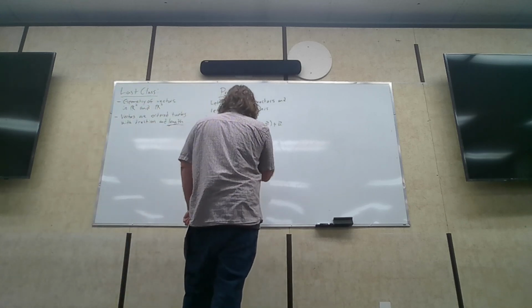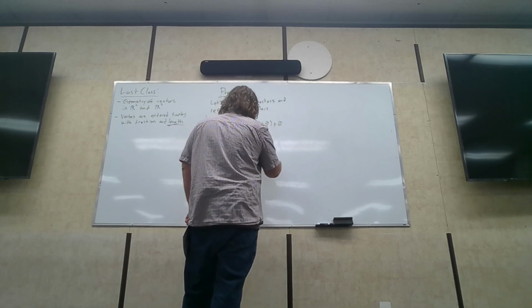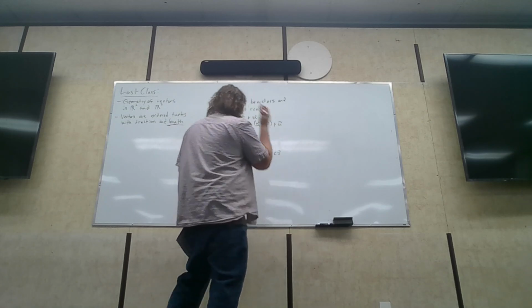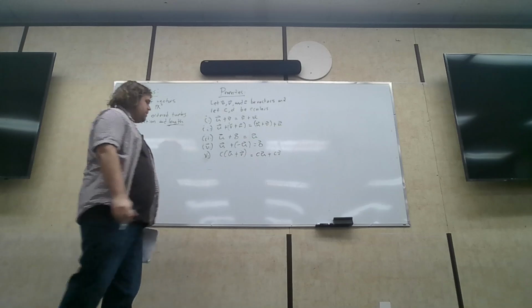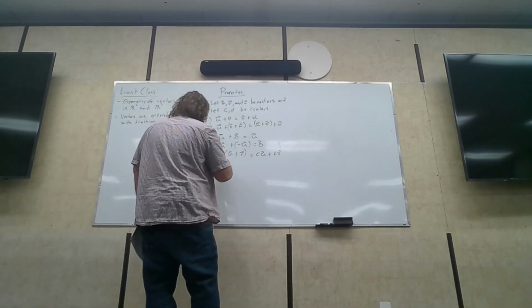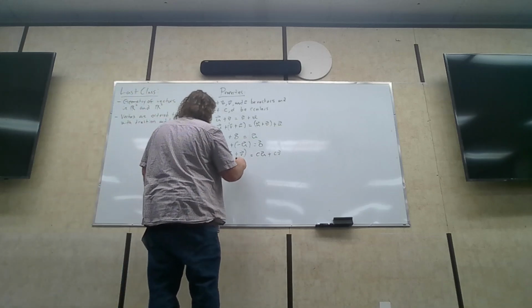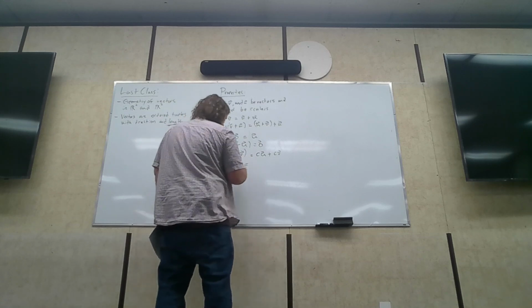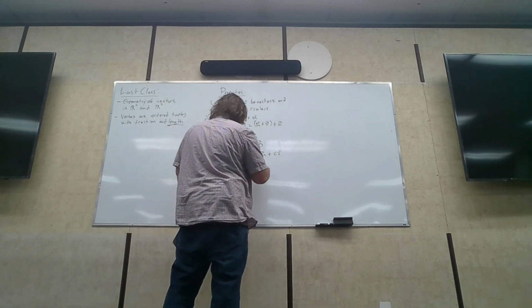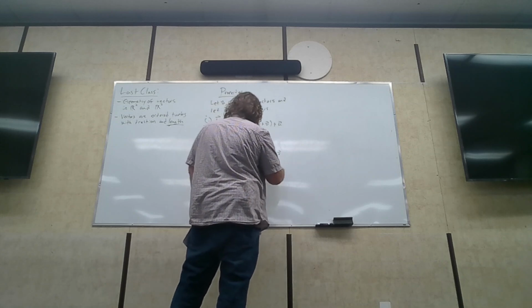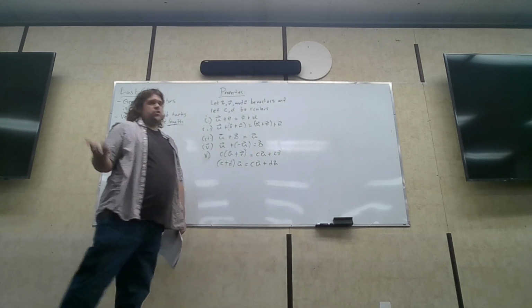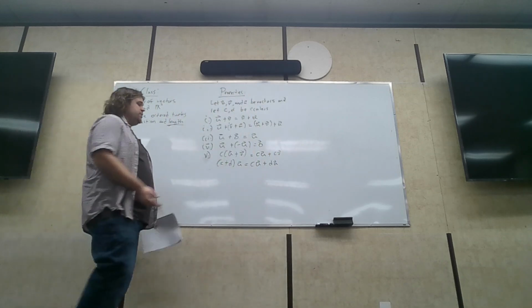You can add the vectors first and then multiply, or you can multiply the vectors by the scalar and then add them, right? It doesn't matter which order you do them in. And similarly, if you have two scalars, you can add them up first and then multiply the vector, or you can multiply the vector by each of them and then add the result, right? It works how you would expect. These are called distributivity.